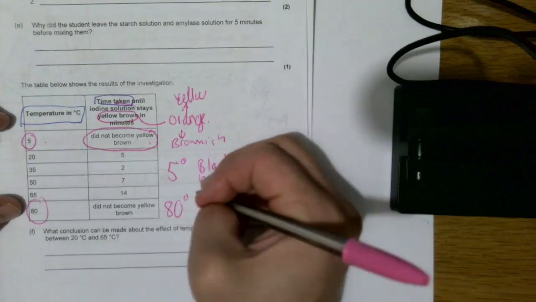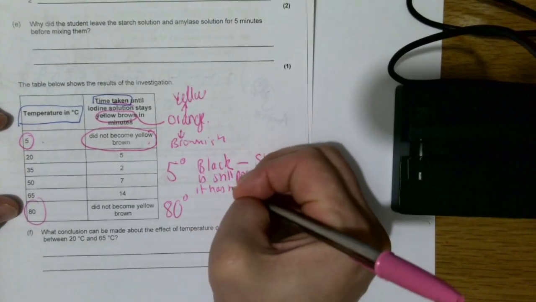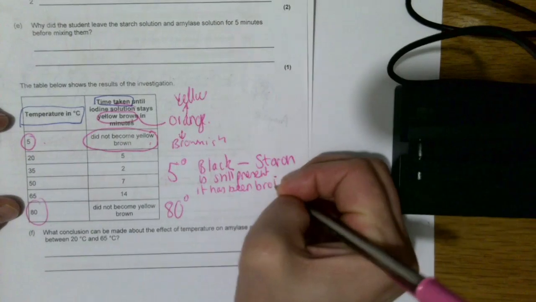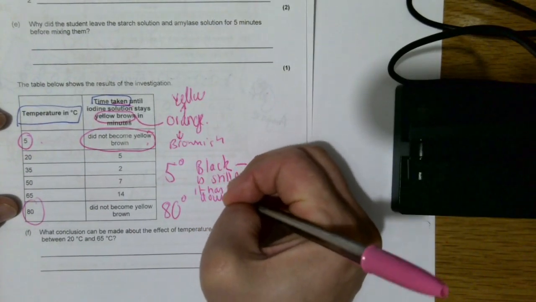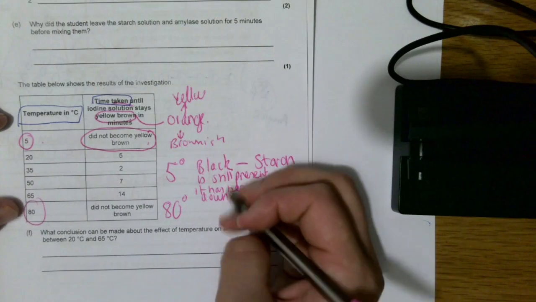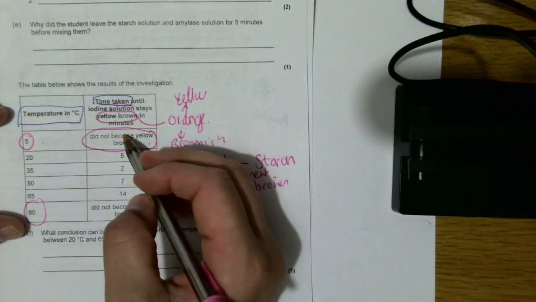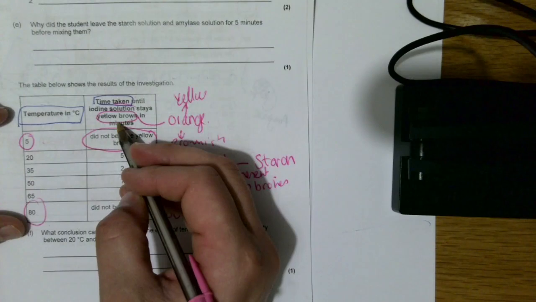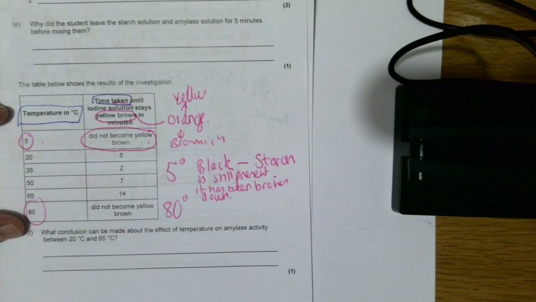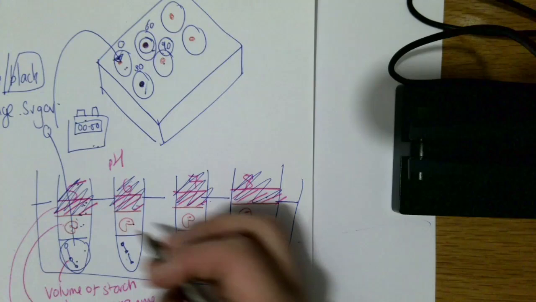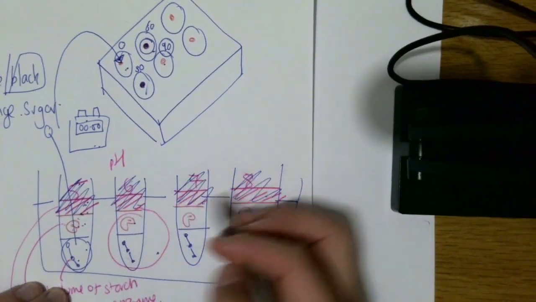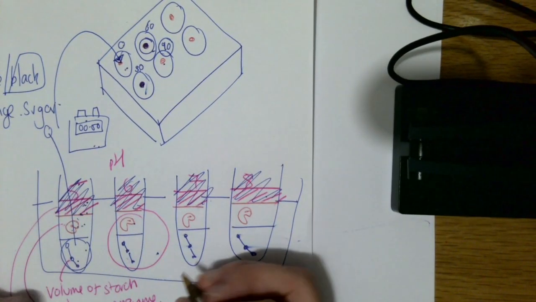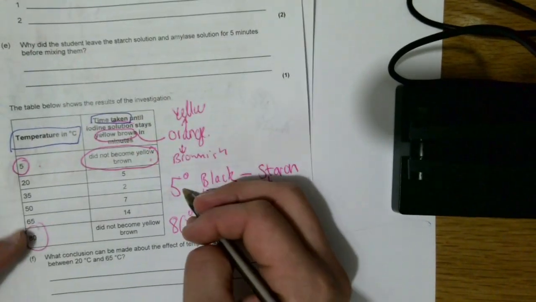You could write it hasn't been broken down. Now this is where you have to explain why. Well, inevitably, the amylase enzyme has to meet the starch molecule. They have to meet. They're all floating around. They must collide. But it's at 5 degrees.